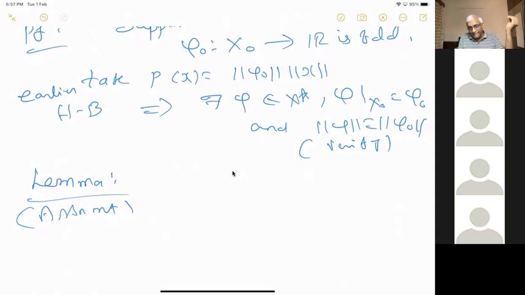That means the imaginary part is determined by the real part, provided it is complex linear. Conversely, if you have any real linear functional defined on that space, you have a way of defining the imaginary part, and then you get a complex linear functional corresponding to that. That's what this says.